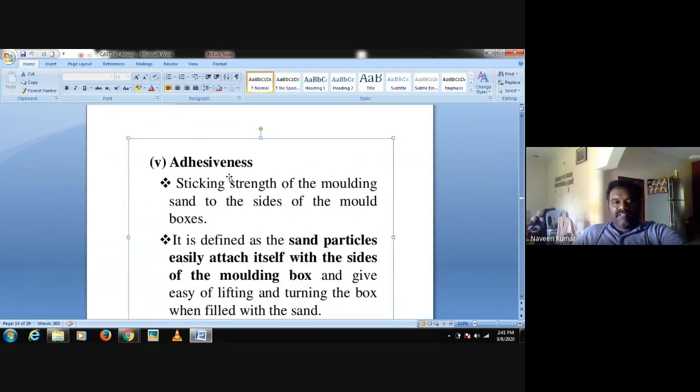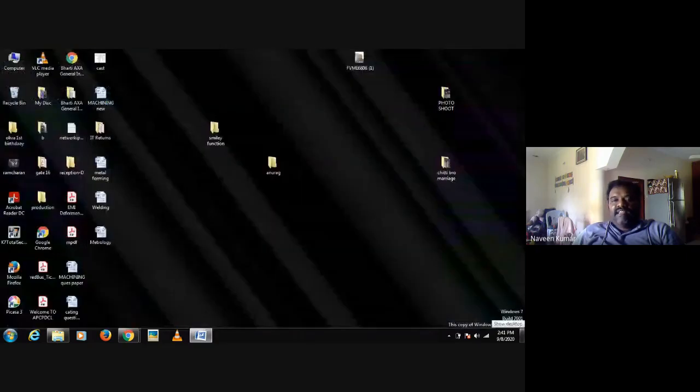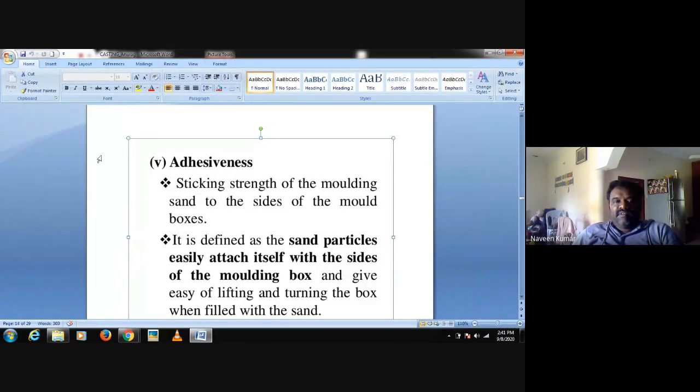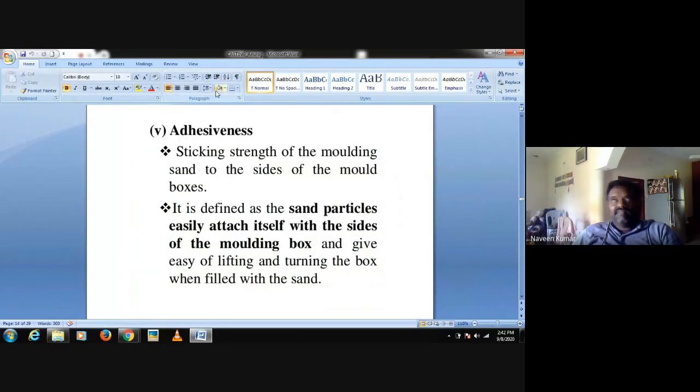Write up: it is the ability of the molding sand to adhere to the container walls.